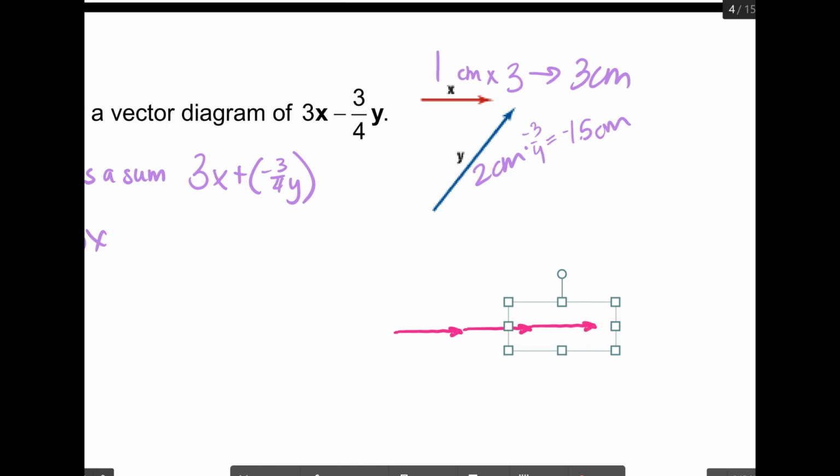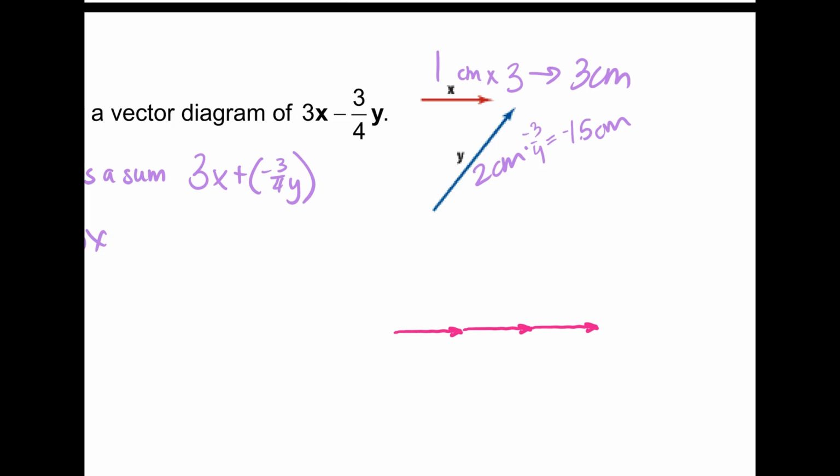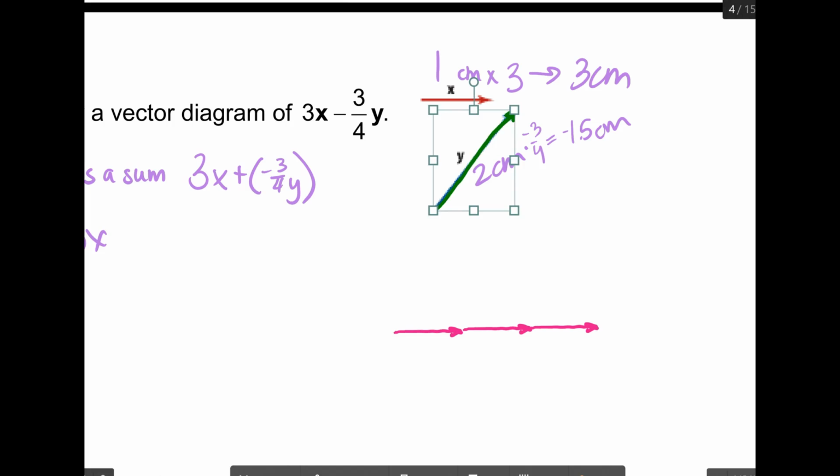So how you would do it on your paper is literally draw a line that is 3 centimeters long. I drew mine 3 times as long. I'm going to copy this other one over. I'm going to flip the direction, and then I'm going to make it shorter.